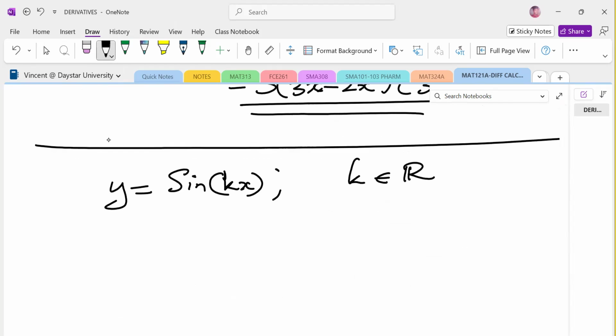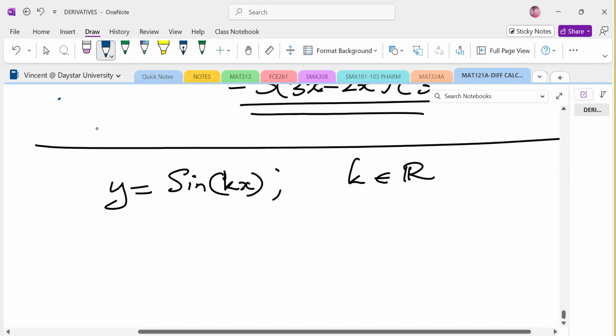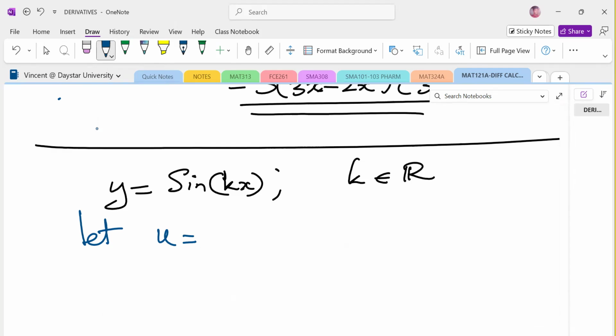What should we fix as u in this problem? Sine kx.